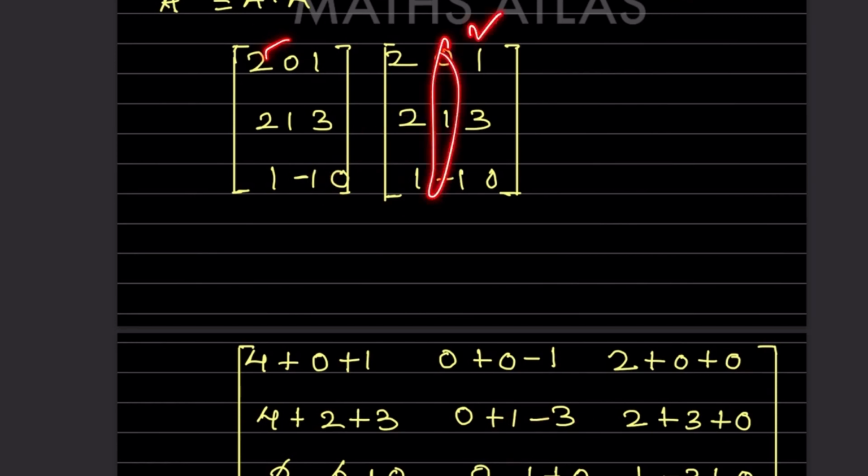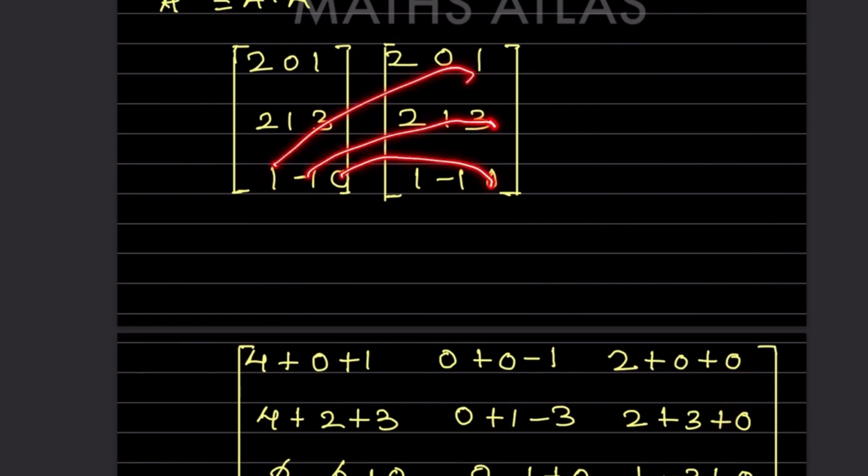So now let us see for this one, 2, 0, 0, 2, then 3, 0, then here 1, minus 3, and this is 0.